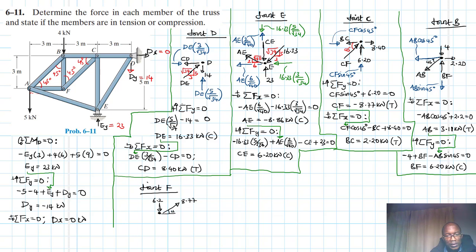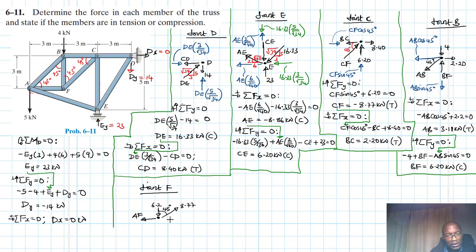Okay, 45. Right, that is 45. This is 45. All right. And then we have this one here. Let's say this one is in tension, and this is AF.